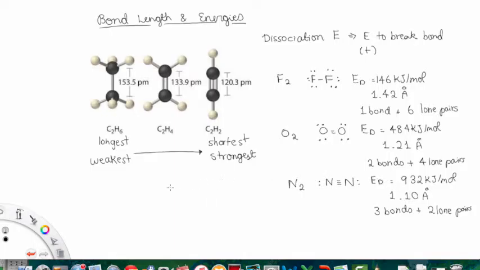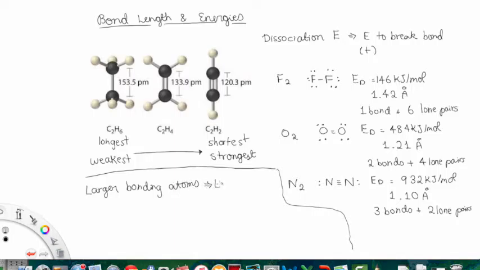Another factor I wanted to talk about, let's draw a little box right here so as not to confuse you. Larger bonding atoms mean that there's a larger distance between them, and thus they're going to have weaker bonds.